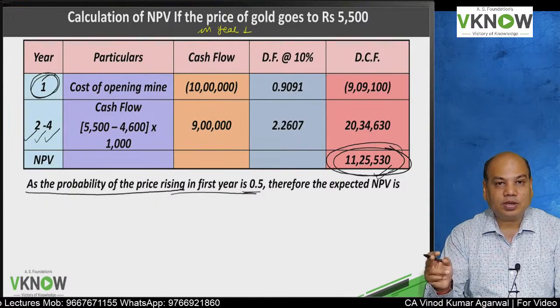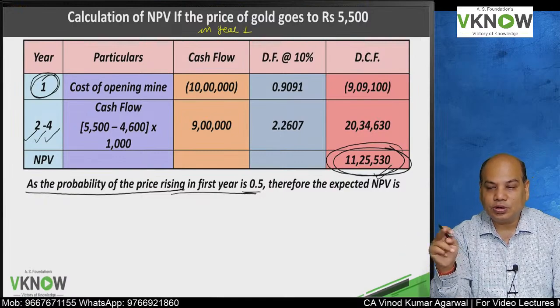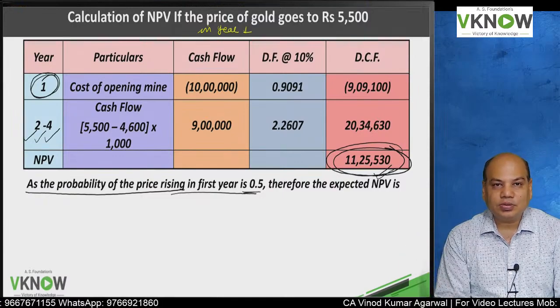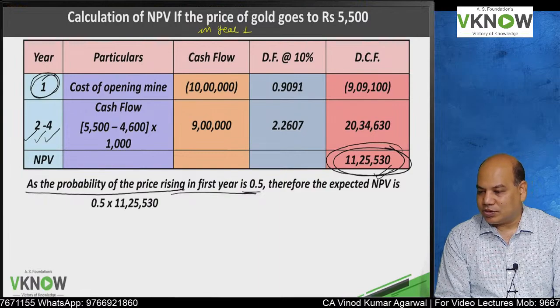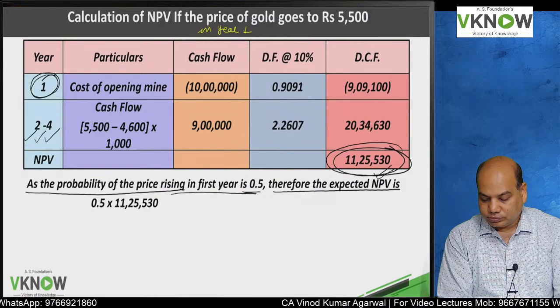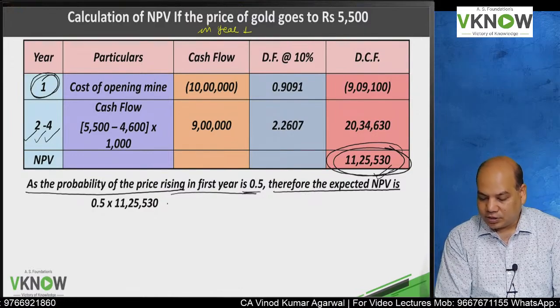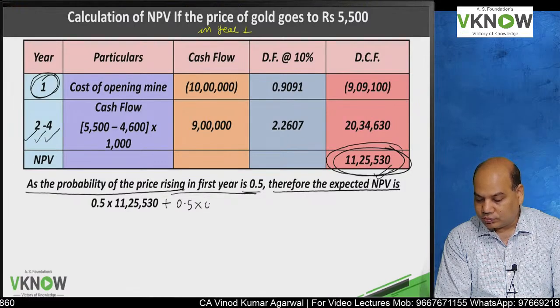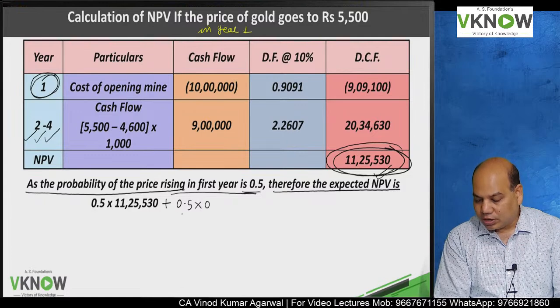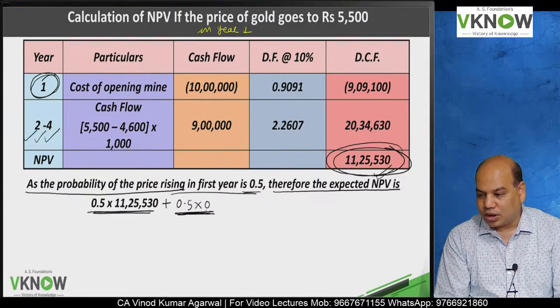The second probability is 0.5 if price goes down to 4500, but at 4500 my expected NPV is 0. Therefore expected NPV is equal to 0.5 into 11,25,530 plus 0.5 into 0. This is what you get if the price goes down, and this is what you get if the price goes up.